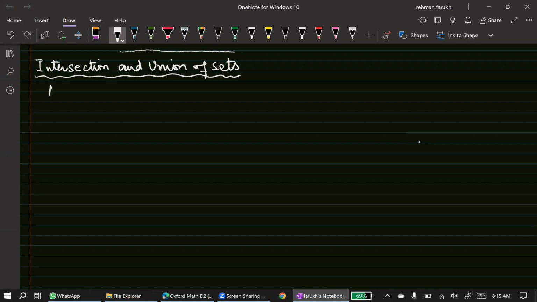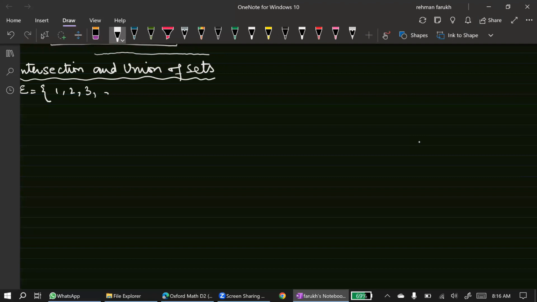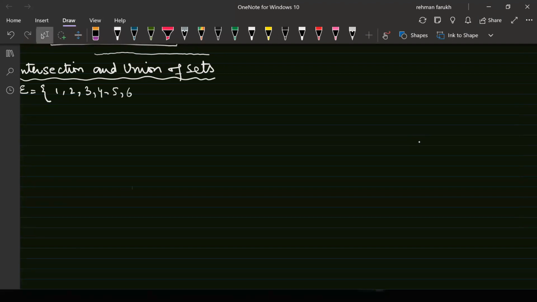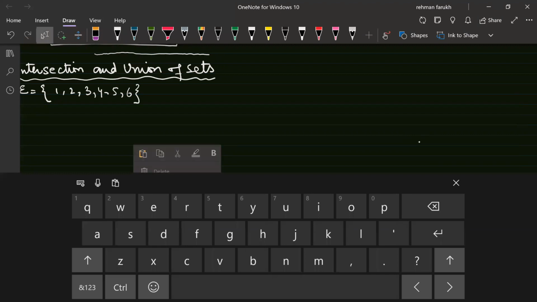There are two sets, A and B. There is a universal set: 1, 2, 3, 4, 5, and 6.